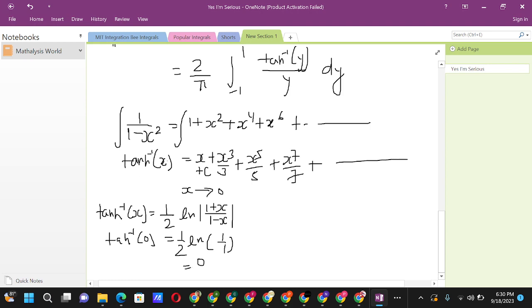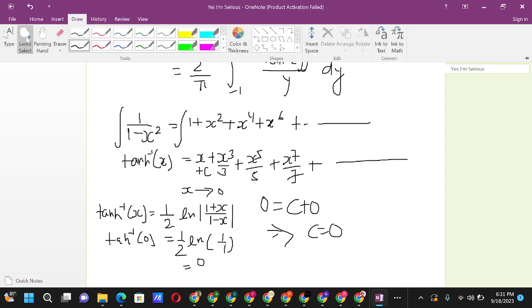So tan inverse 0 is just 0, and over here we will have c plus all the terms will go to 0, so that implies c is also 0. So we have got the series for tan inverse x to be x plus x cubed by 3 plus x to the power 5 by 5 and so on.